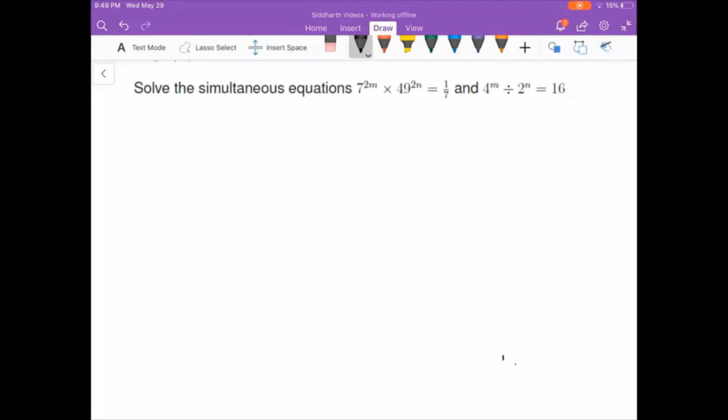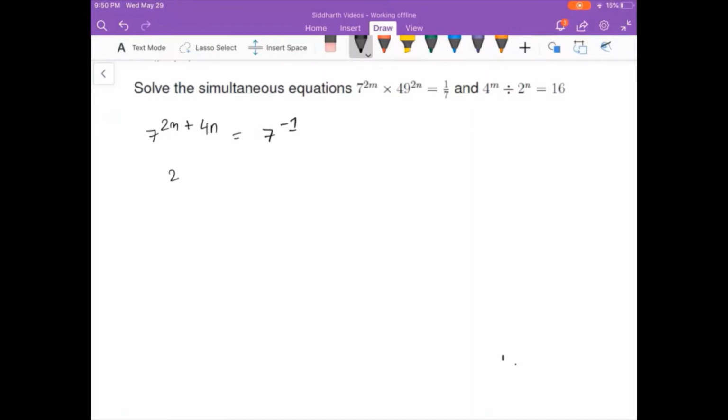Again, in this question, we have to solve the simultaneous equations. Looking at the first equation, we'll get everything into base 7. So 7 to the power of 2m plus 4n will be equal to 7 to the power of minus 1.